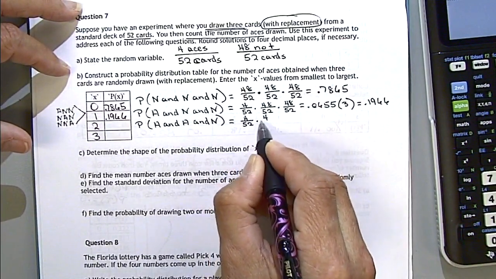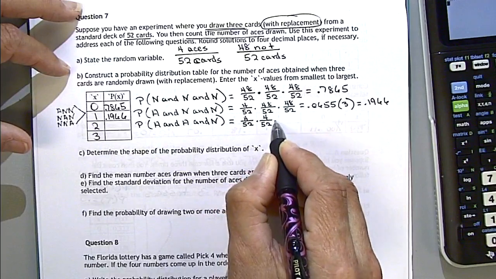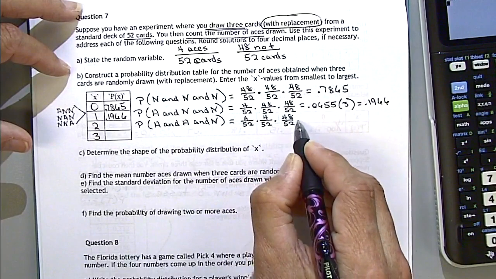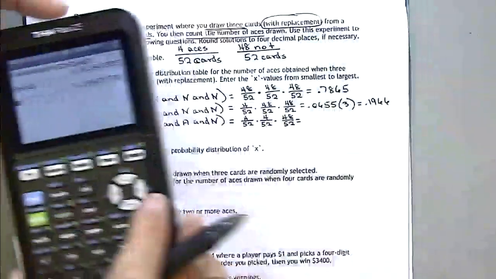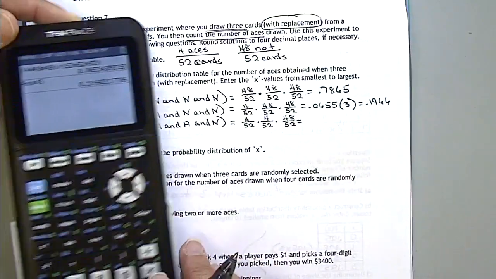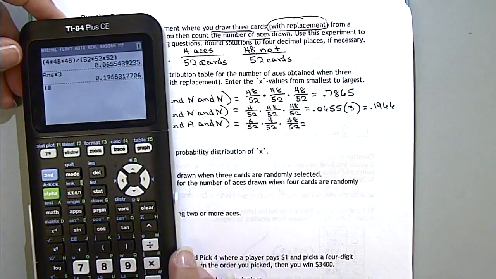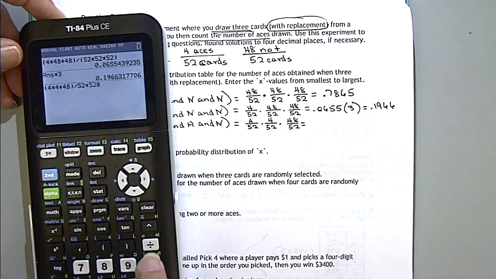Second time, I would still have the 4 over 52. Third time, not an ace, 48 over 52. And I would multiply those together to get the probability that that scenario would happen, right? So once again, I'm going to put this in parentheses. I'm going to say this time it's 4 times 4 times 48 divided by 52 times 52 times 52.